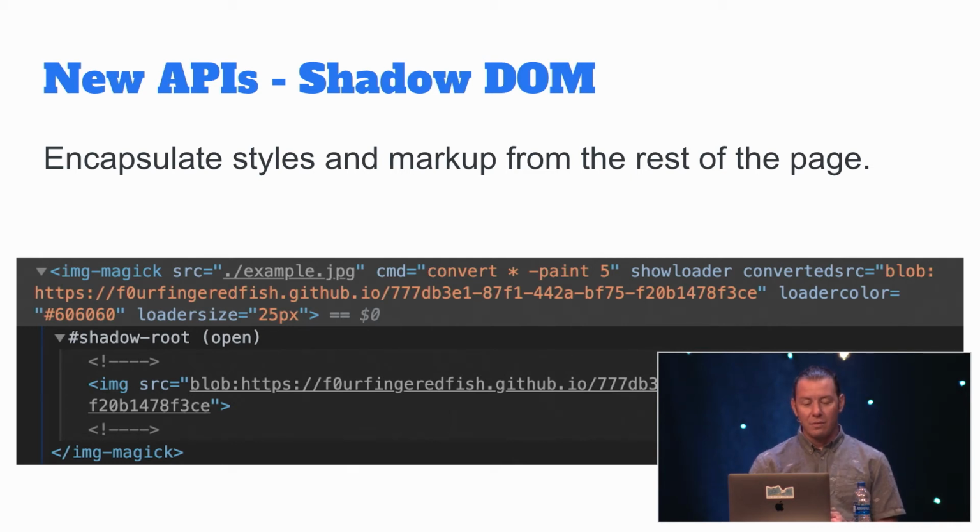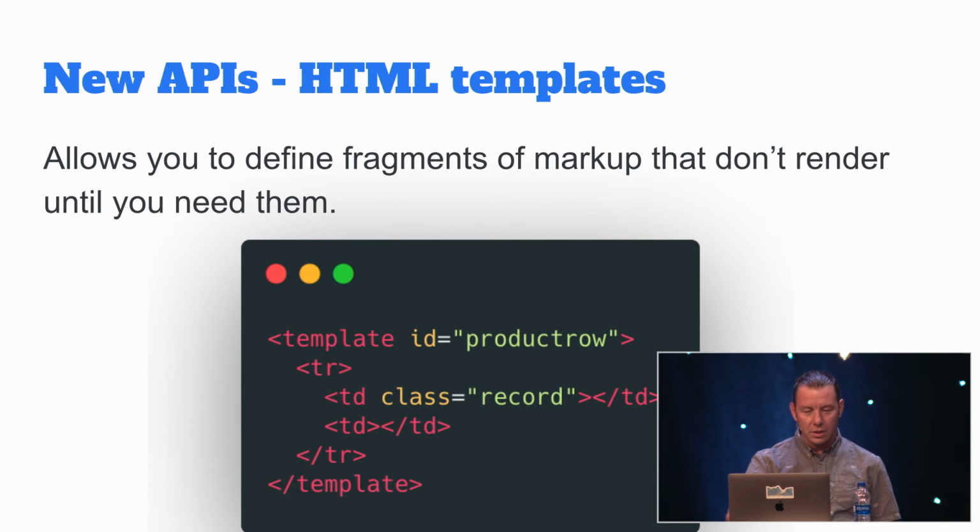The elements in your shadow DOM aren't going to get styles from your style sheets. This is what makes it more portable. It's kind of like a little sandbox where you can do whatever you want. And this is the dev tools. You can actually inspect and see what those shadow elements are. We'll get into more of what you're actually seeing there in a little bit.